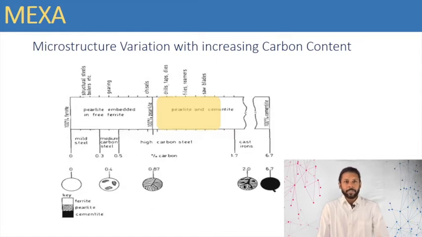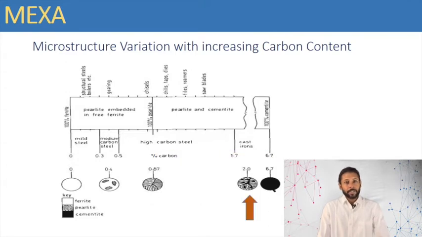As more carbon is added to the iron, more iron carbide and hence more pearlite is formed, with a reduction in the amount of free ferrite. When the carbon content is approximately 0.9%, the free ferrite no longer exists, and the whole structure is composed of pearlite alone.